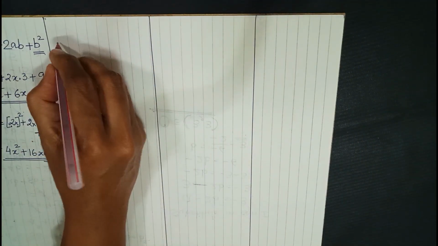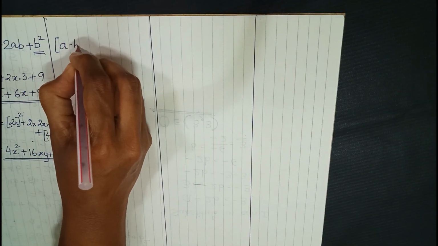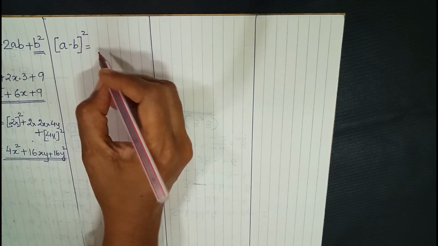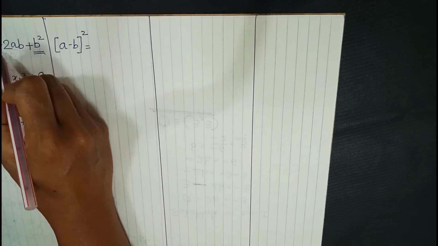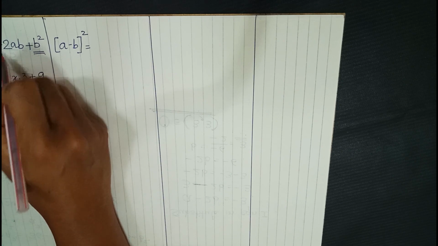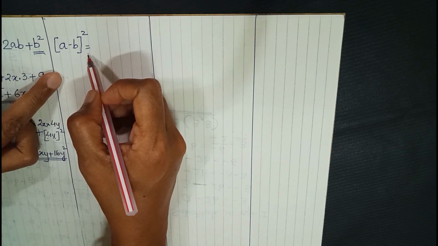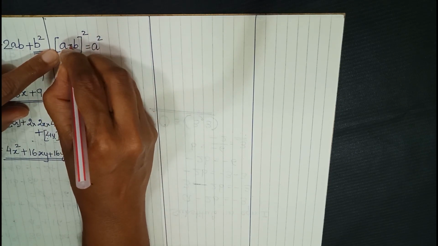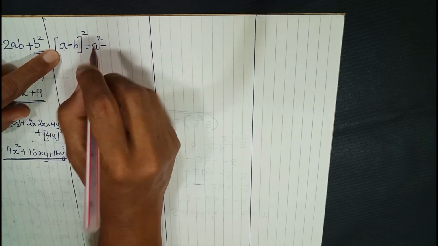Now let us see the next identity which you have already learned, which is (a minus b) the whole square. The formula remains the same except for the middle term, where we had a plus sign; in this formula, we will be having a negative sign. So square of the first term, a square. Then since there is a minus sign, we put a minus sign.